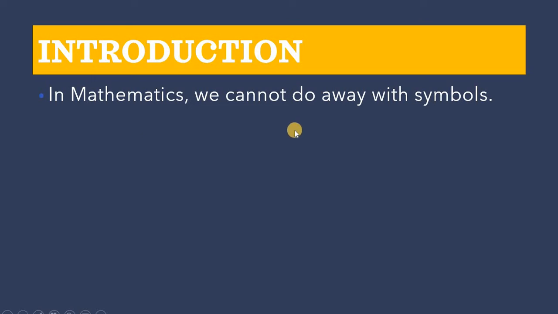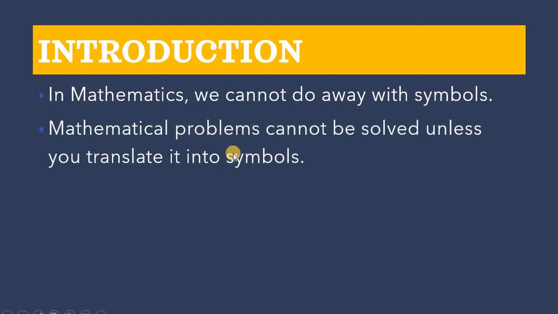In mathematics, we cannot do away with symbols. Okay? So, bawat symbol sa mathematics ay meaningful. So, we really have to learn about those symbols. Mathematical problems cannot be solved unless you translate it into symbols. Diba? So, kailangan alam natin paano siya gawin para maging tama yung magiging result or magiging sagot natin sa isang word problem.